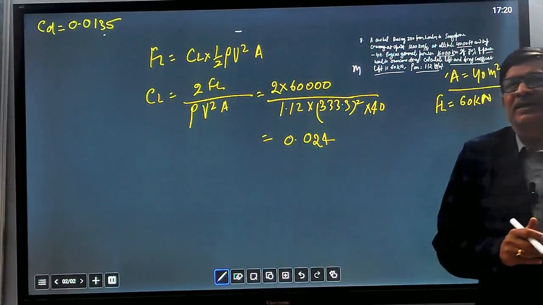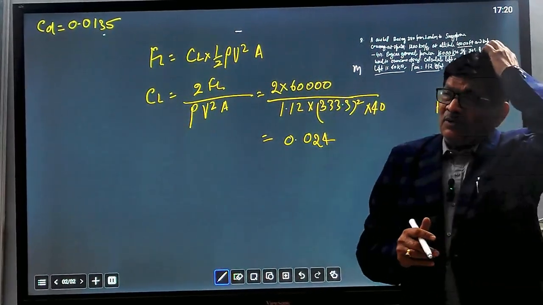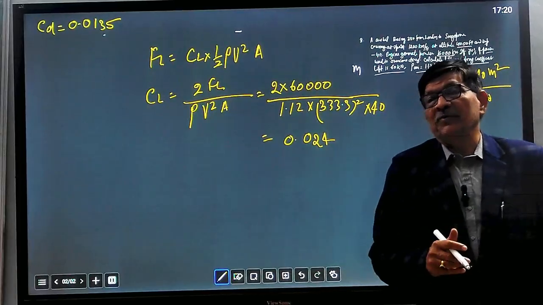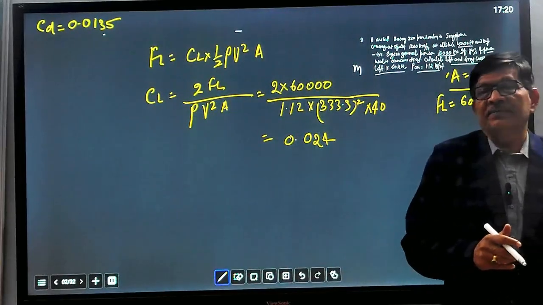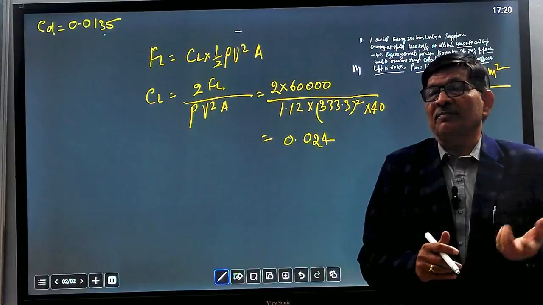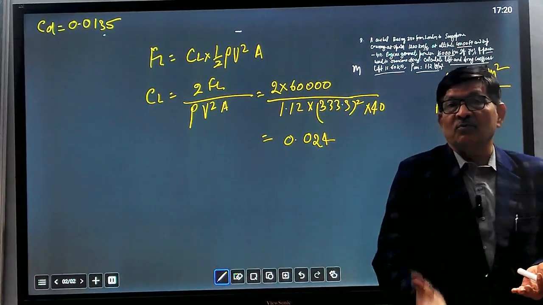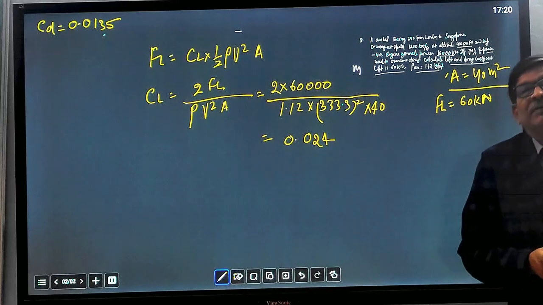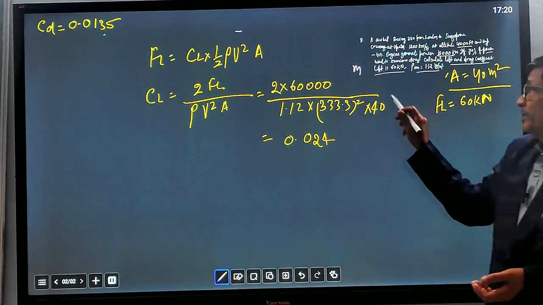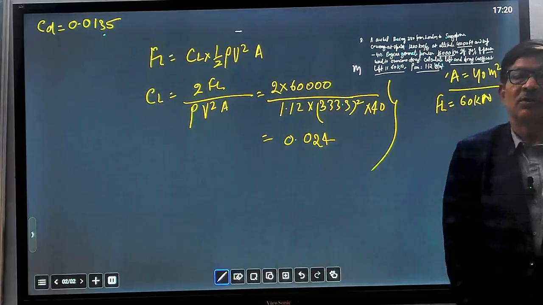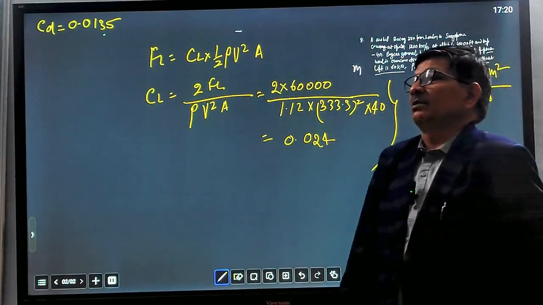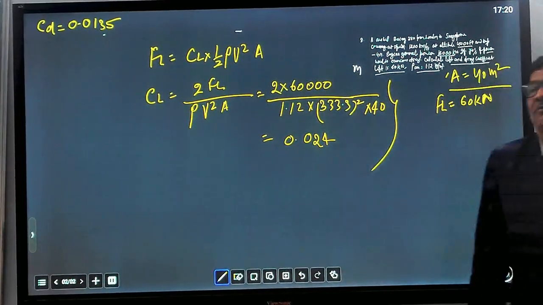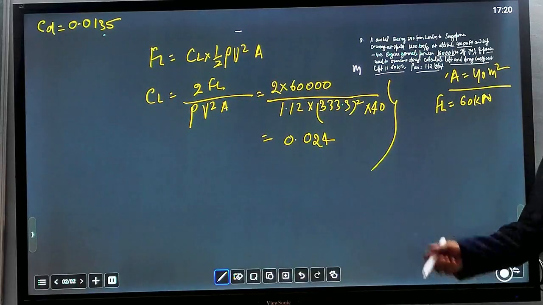Or sometimes only drag, because in cars you only have to find out drag force. There is practically no lift available in a car, because if lift is available then the car will fly. But when a car flies, it becomes an aeroplane. That's why most of the time you will get problems on calculating lift and drag coefficient for aeroplanes.